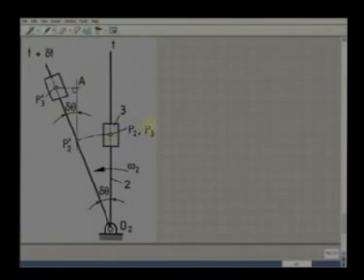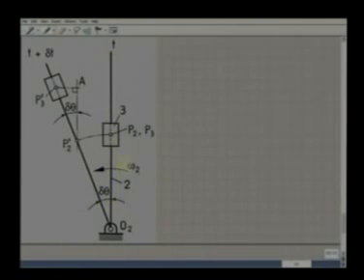What is the path of P3 on 2? If we fix body 2, I can see the block P3 can only go along this rod. So, the path of P3 on body 2 is this vertical line. It is along the rod. So, Vp32 will be along this vertical line.